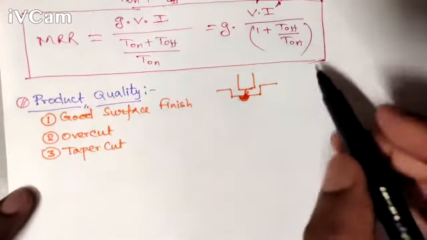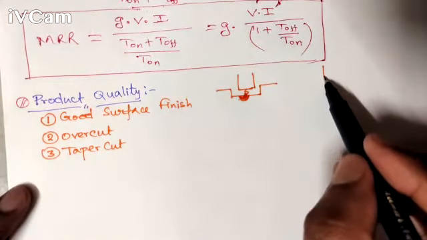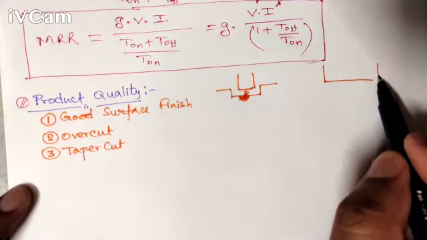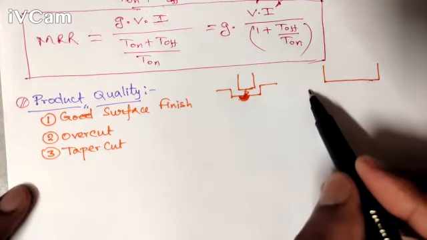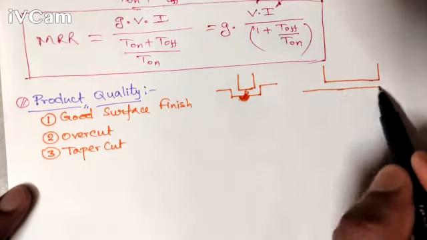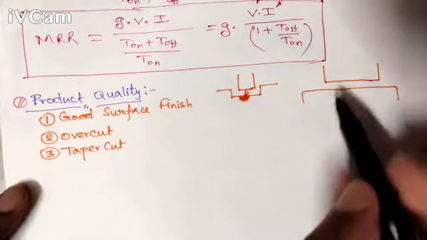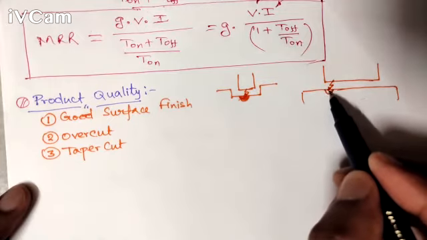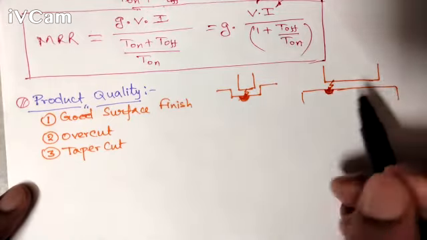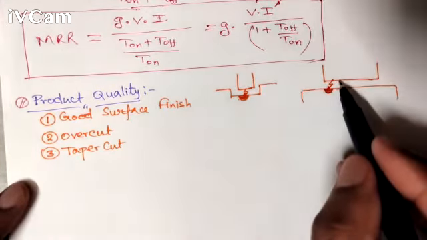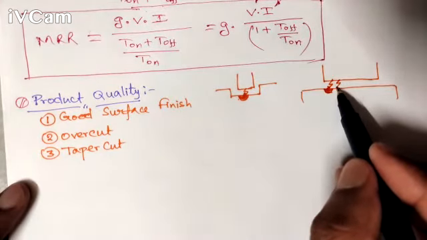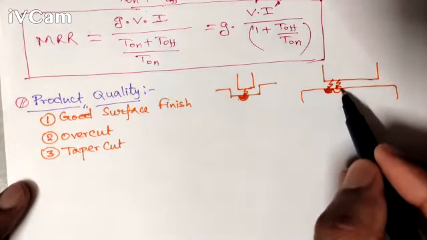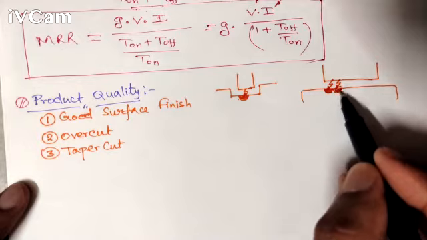Now suppose this is the tool, and suppose here we have got the workpiece. So 1 ampere means one spark, so it will generate one crater. If we give 2 ampere, then what will happen? We will get another spark, maybe here. So that will form another crater.